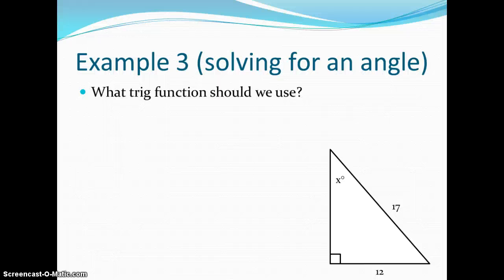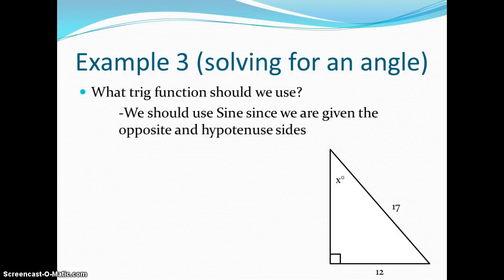Finally, example 3, solving for an angle. Which trig function are we going to use in this one? We have our x degrees and we have 12, which is opposite our angle. And then we also have 17, which is our hypotenuse. So we have opposite and hypotenuse, so we're going to use our sine.